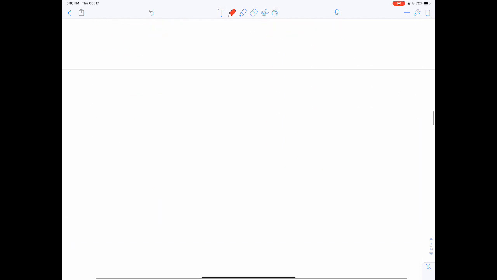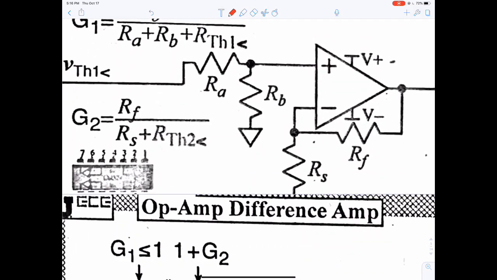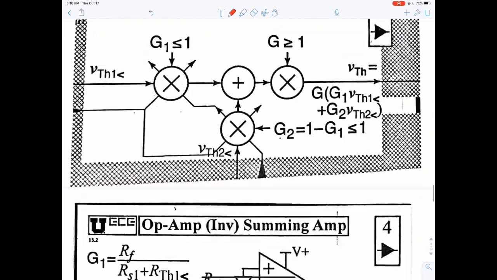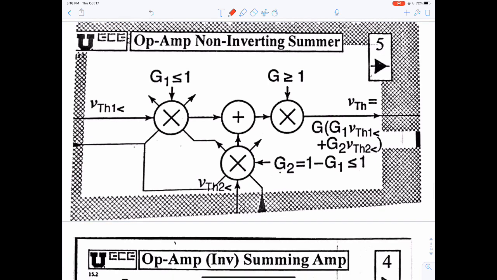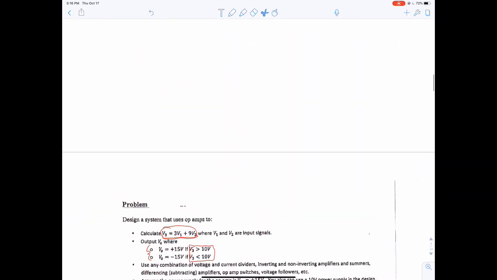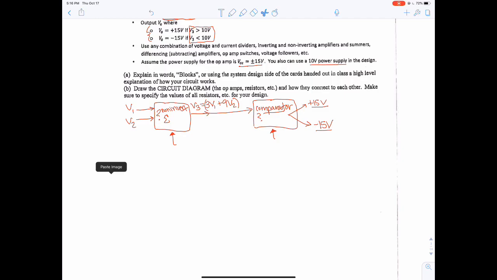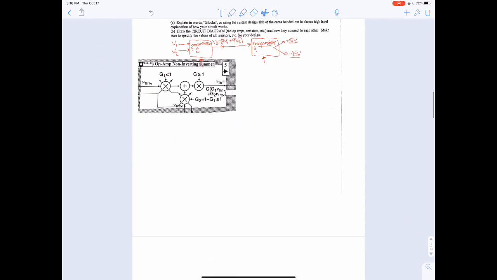So looking at the circuit cards, we're going to go down to the non-inverting summer. And I'm going to copy those cards up here.